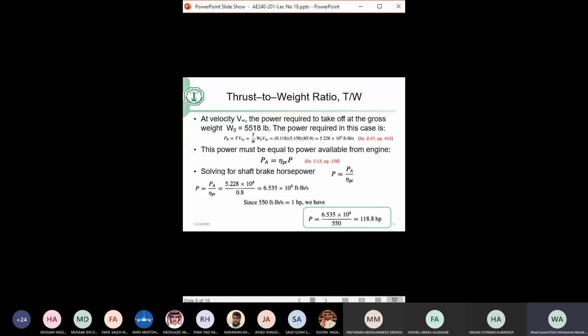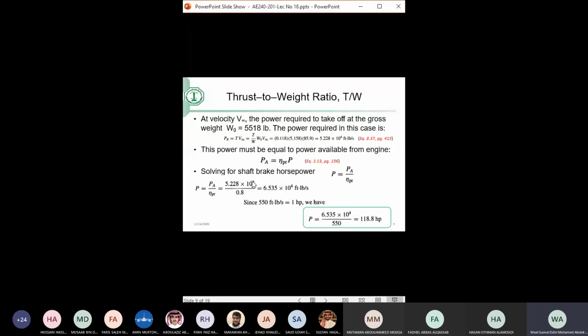Typical propeller efficiency is about 0.8 or 0.85. That means if you want 5.2 horsepower, then you must get an engine that's a little bit more than this, 6.5. How did I get it? It's the 5.2 divided by the efficiency, because the engine power has to be more than the power that you need. So divided by 0.8 gives me 6.5.